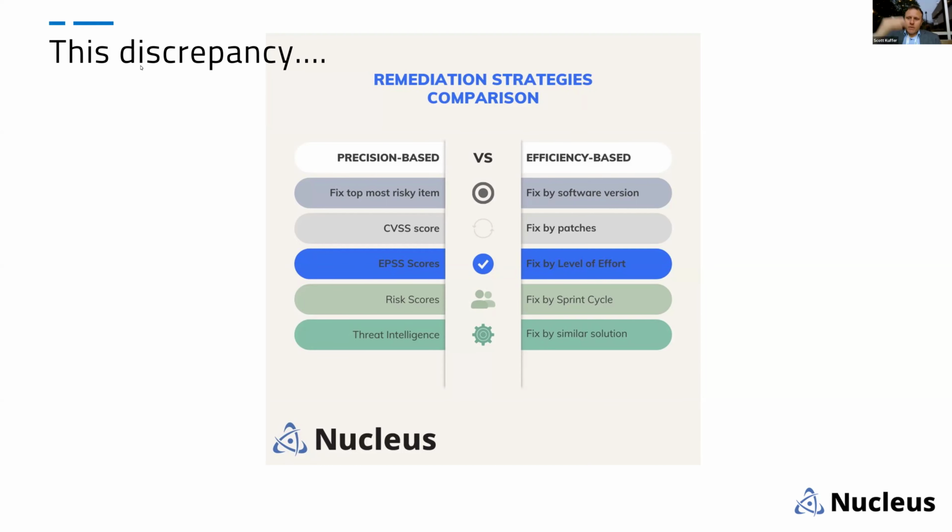But just for the comparison and contrast, on the left-hand side for precision-based, it's all about how do we fix the utmost critical thing to our business, right? So that'd be your CVSS scores, EPSS scores. And it doesn't matter how sophisticated you get with this because you can overlay threat intelligence, you can overlay exploitation information. But at the end of the day, you're still trying to identify that needle in the haystack.